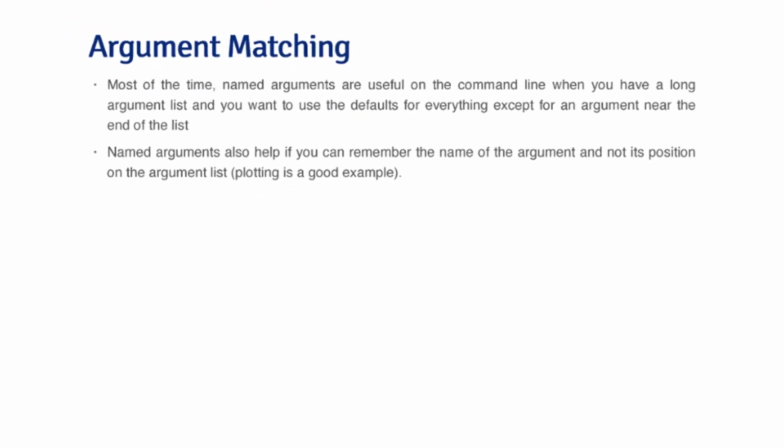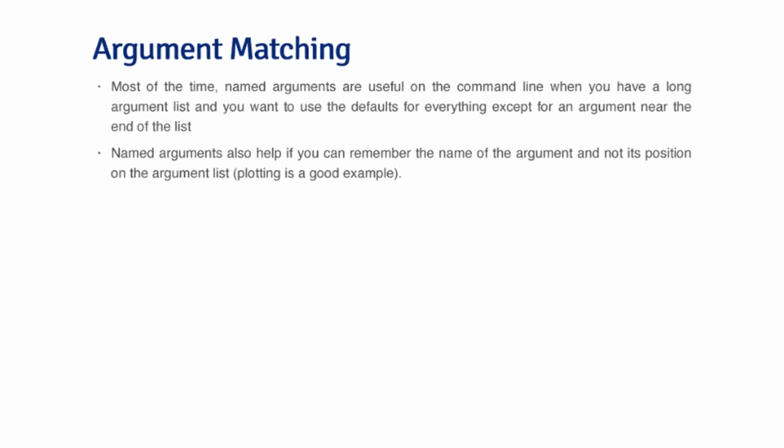Most of the time named arguments are useful on the command line when you have a long argument list and you want to use the defaults for everything except for one of the arguments, which may be in the middle or near the end of the list, and you can't remember exactly which argument it is, whether it's the 4th or the 6th or the 10th.